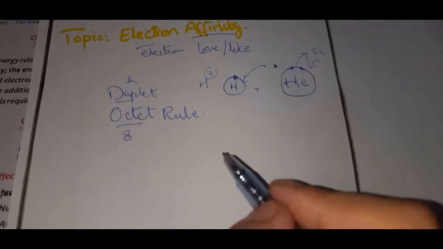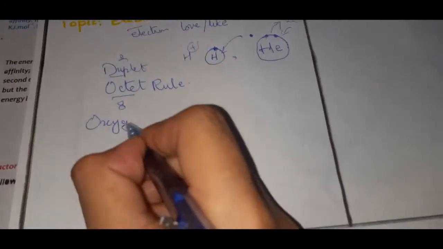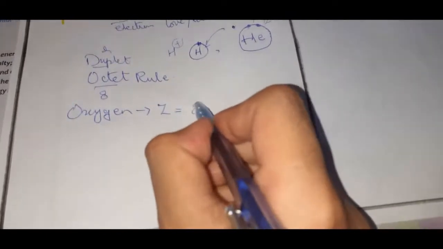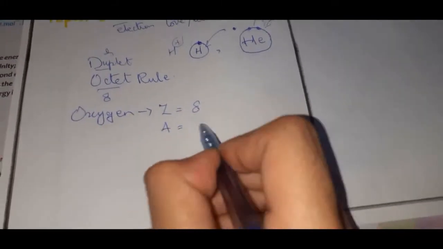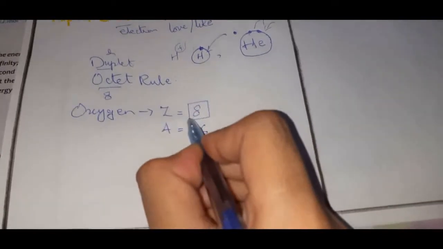For example, we have the element oxygen. The atomic number of oxygen is 8, whereas the atomic mass of oxygen is 16. We have to deal with the atomic number.